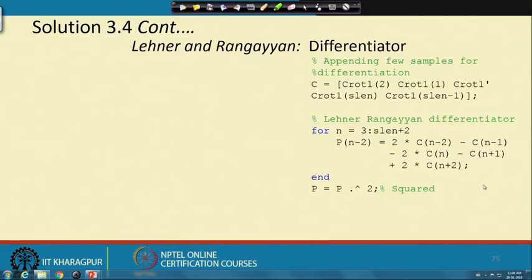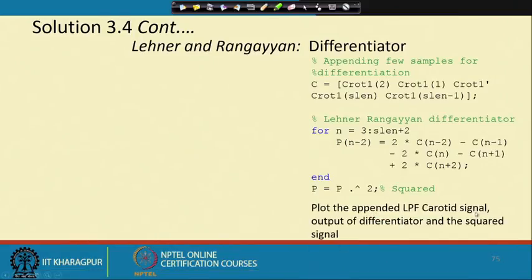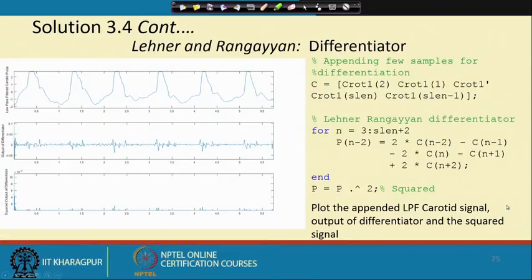So, we have the output here of the differentiator followed by the pointwise squaring operation, and then we plot that signal. Okay. What we get? All the signal has gone because of the differentiator, we get some pulses here, and after the squaring operation that becomes positive, we get some small pulses there.